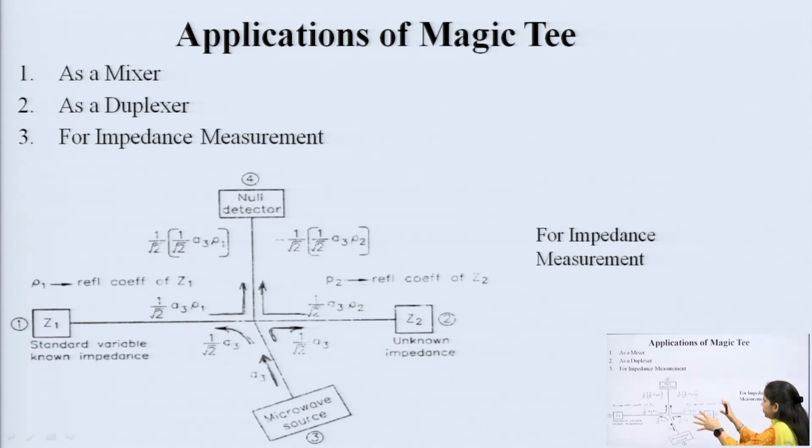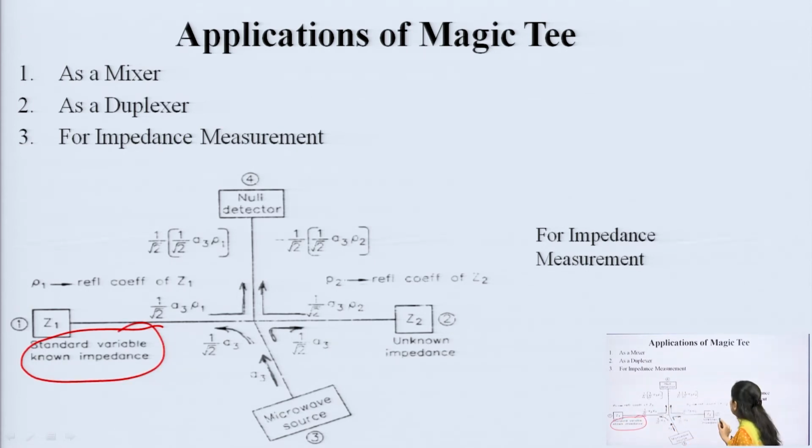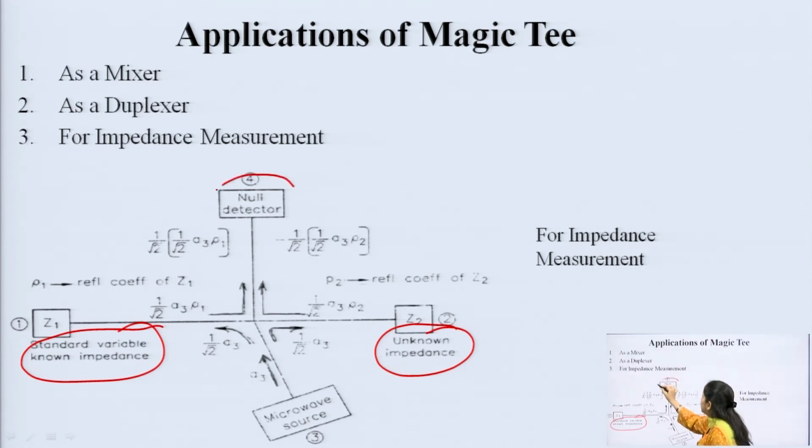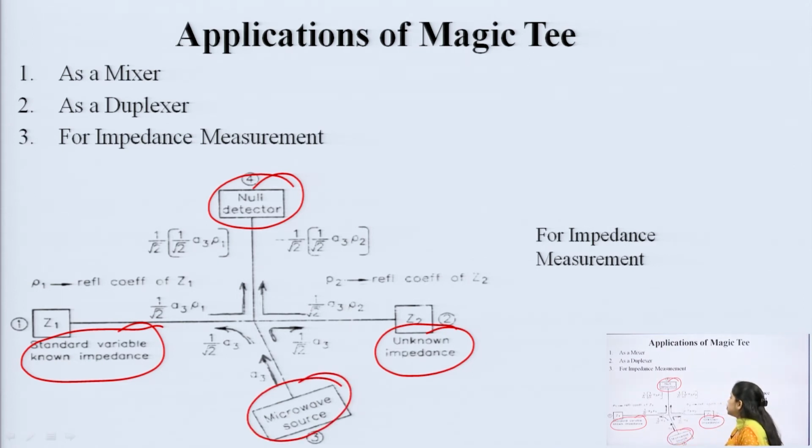In that case we have 4 ports here. In port 1 we have a standard variable known impedance, and in port 2 we have an unknown impedance, and one null detector and one microwave source. So, this should be the arrangement if we want to calculate the unknown impedance using the magic T.